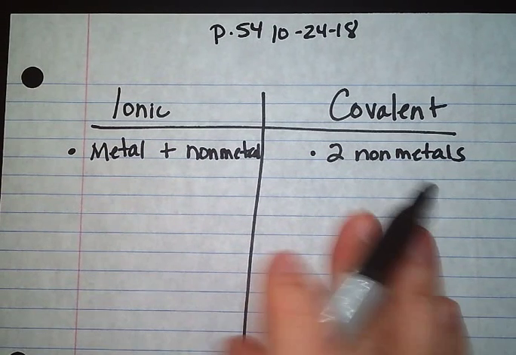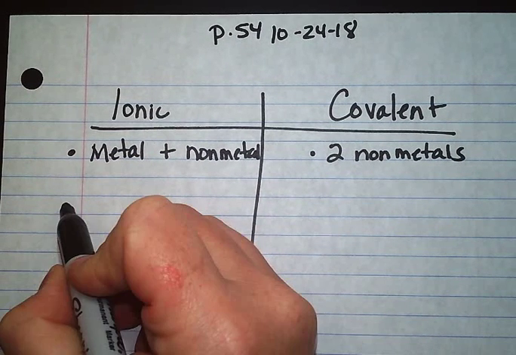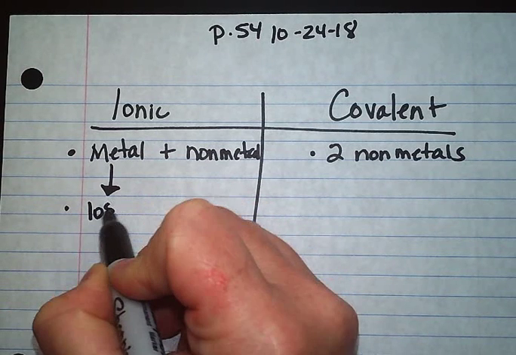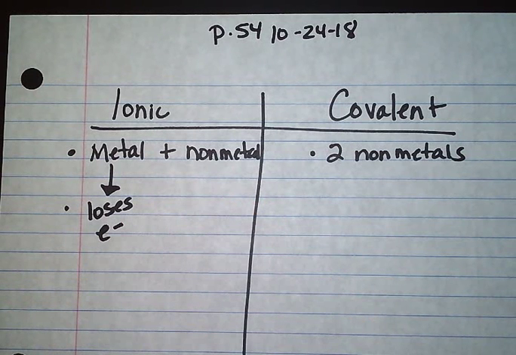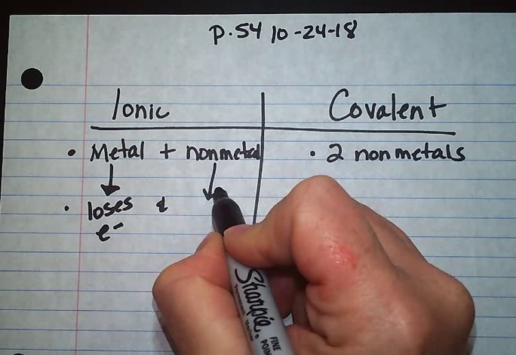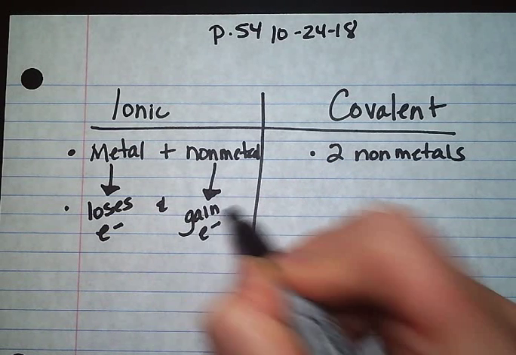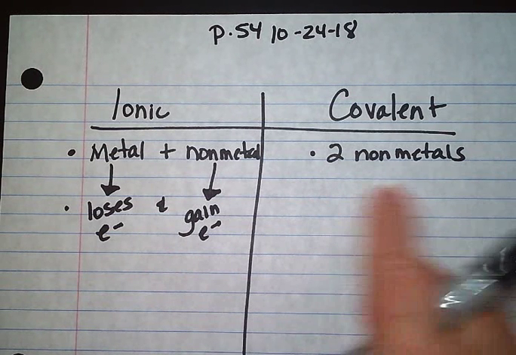And then we talked about what happens to the electrons in both cases. So over here, the metal is going to be the one that loses an electron or electrons. It could lose more than one. And the non-metal is going to be the one that's going to gain the electrons. Over here, nobody's losing or gaining any electrons.